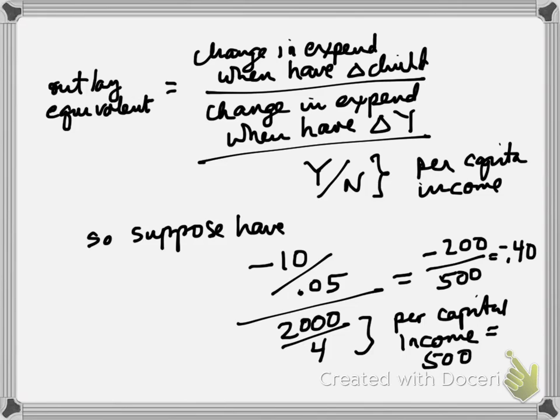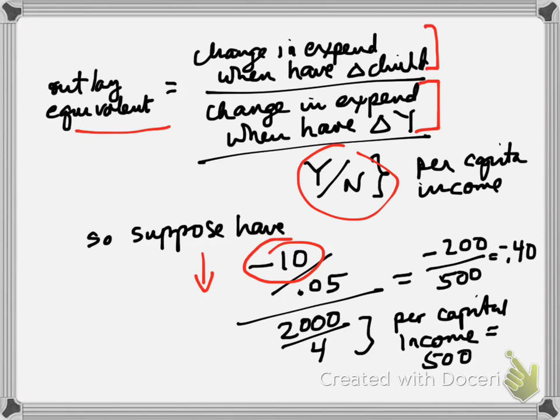So we can think of this outlay equivalent then as the change in expenditure when we have a child divided by the change in expenditure when we have a change of income, and the whole thing normalized by per capita income. So we might imagine some numbers. Suppose that when we have a child, expenditure on this adult good category, maybe it's adult clothing, maybe it's adult foods, so an extra child means that expenditure goes down by 10, so expenditure decreases by $10.